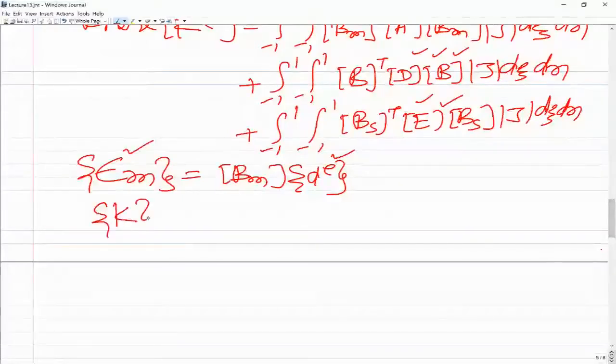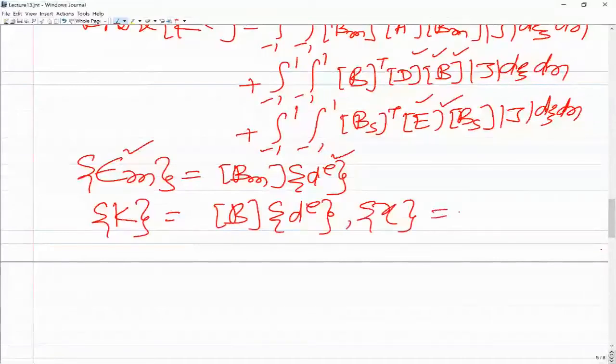The kappa is equal to matrix B into De. So you know how to write Bm, B in terms of derivatives of the shape function. Similarly, the strain gamma is equal to Bs into d. So this is where these various terms are coming from. And similarly, you can have the load vector.